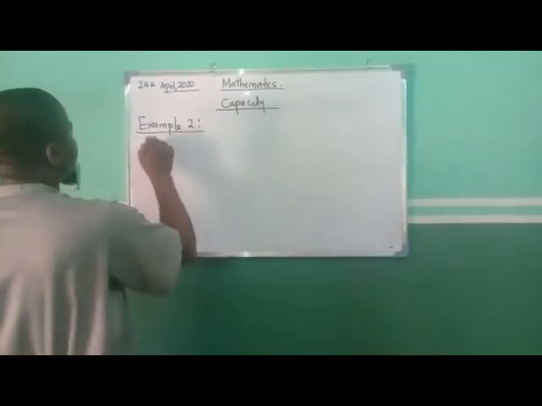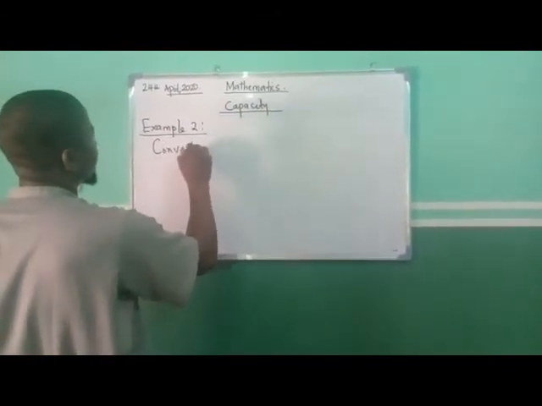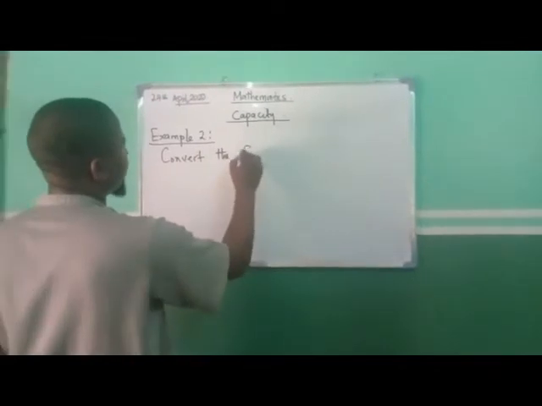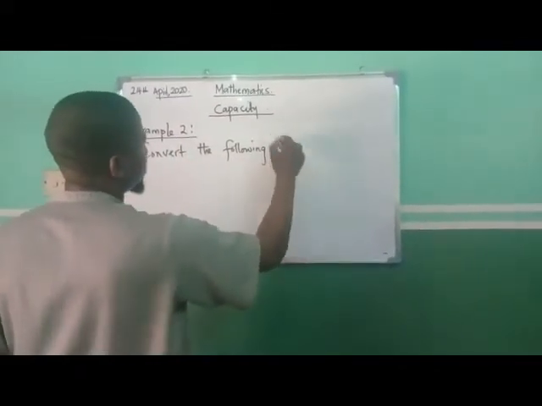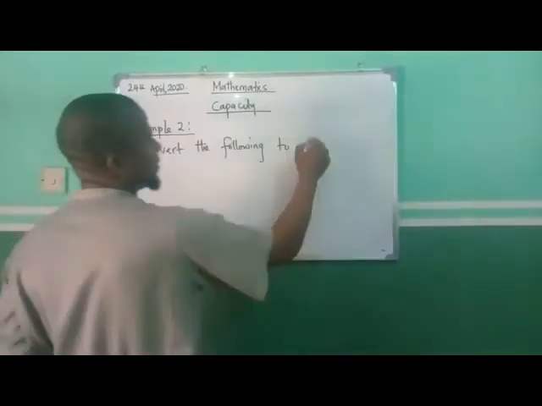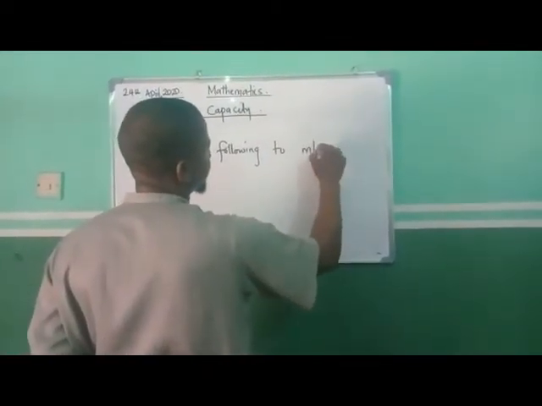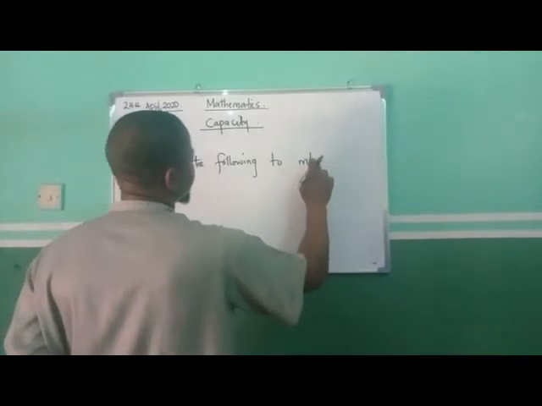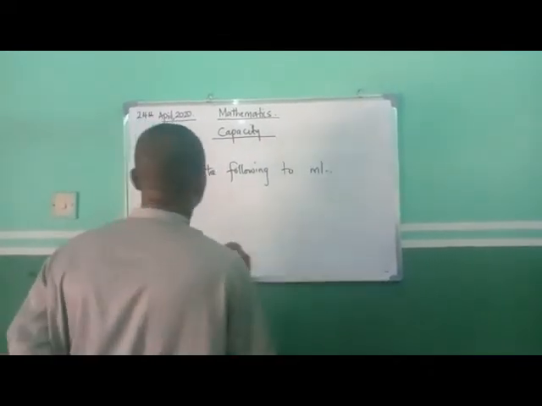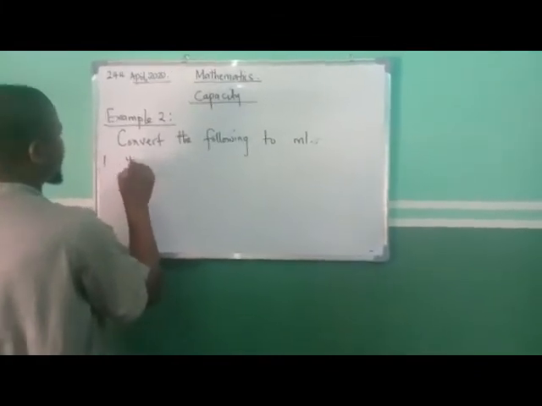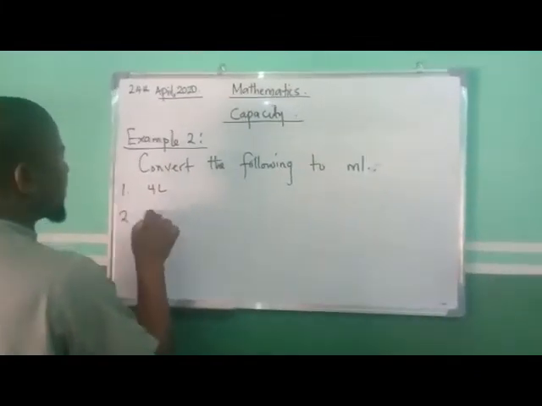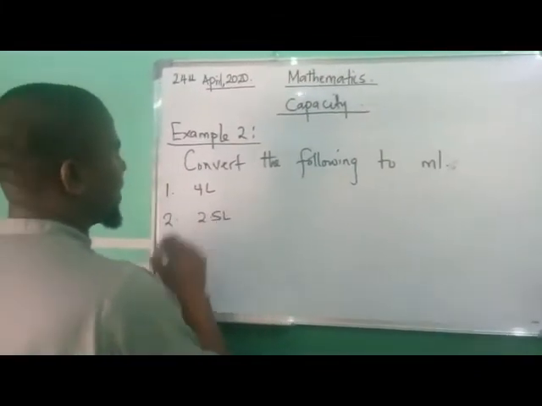Example 2, convert the following to mils. Or let me just say ml. First is 4 liters. The second one is 2.5 liters.